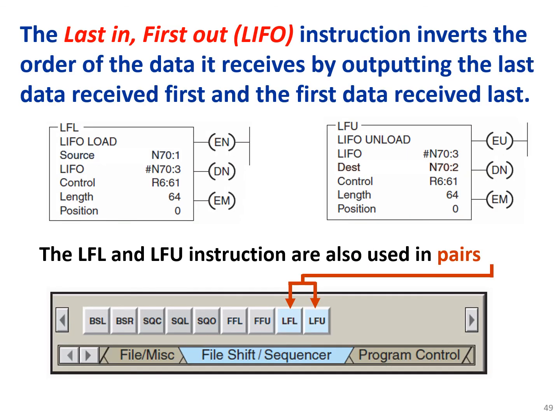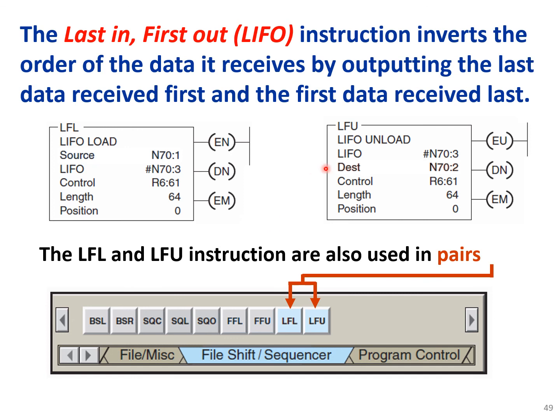The last in, first out instruction inverts the order of data it receives by outputting the last data received first and the first data received last. Okay, we already explained it in the vertical inventory example, how it works.